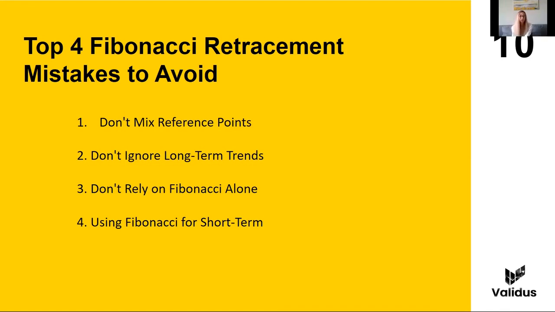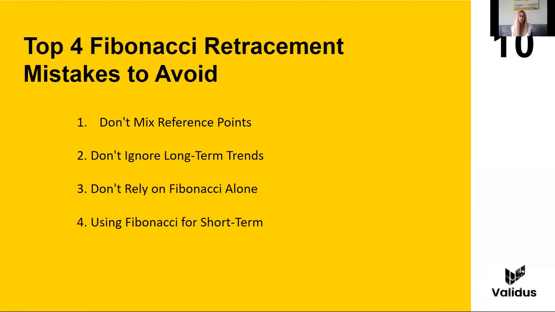Okay, so second, don't ignore long-term trends. Beginner traders, new traders often try to measure significant moves and pullbacks in the short term, without keeping the bigger picture in mind. This narrow perspective makes short-term trades more than a bit misguided.